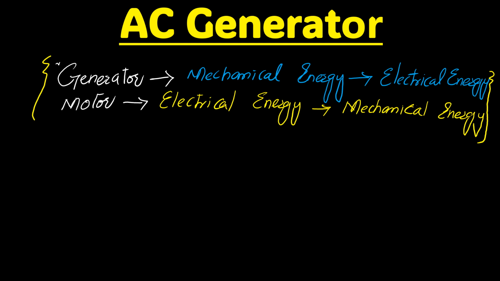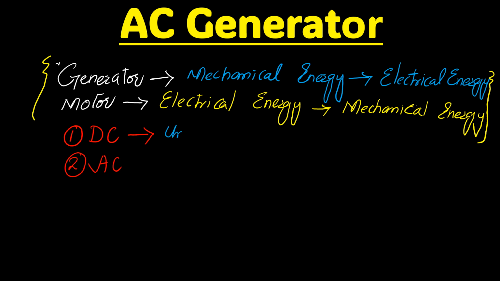Student, please note that there are two types of electrical energy. They are based on two types of current. One type of current is known as direct current, and the second type of current is known as alternating current. So direct current is a current which flows in one direction.